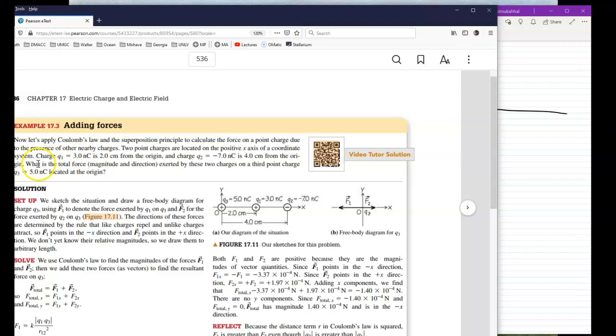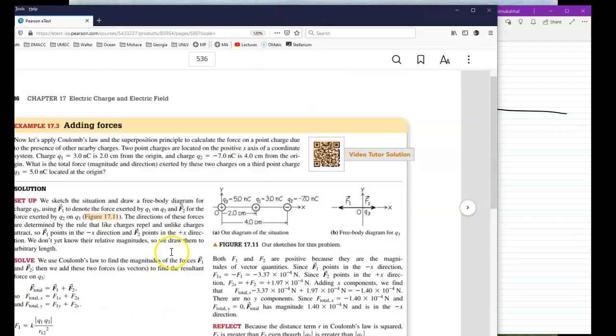Then the question is, what is the total force exerted by these two charges on a third charge, Q3, 5 nanocoulombs, located at the origin? There we go. So this is the diagram that I have, okay? Whenever you start working on a problem, always draw the free body diagram, because it will help you a lot in solving the problem.